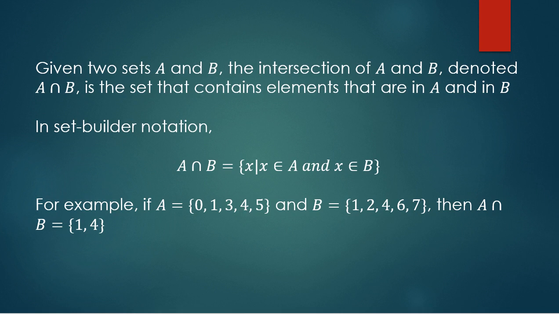You can check 6, not in there, 7, not in there, 5, not in there, and 3, not in there. So this is what we mean by the intersection. The element has to be in each set separately in order for it to qualify to be in the intersection.